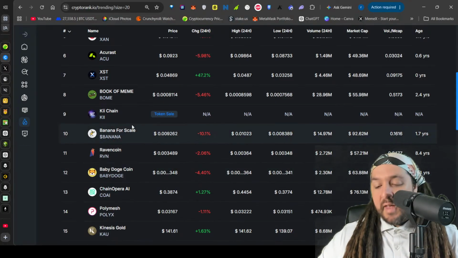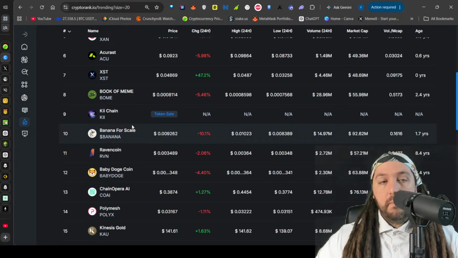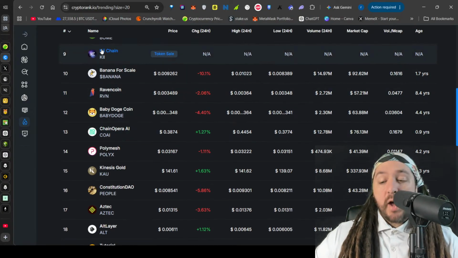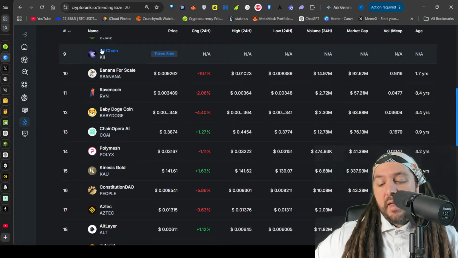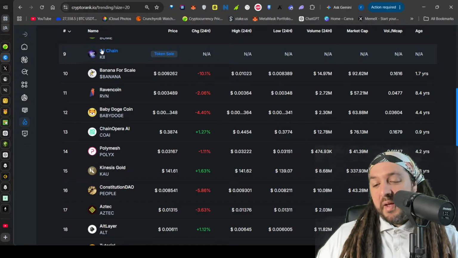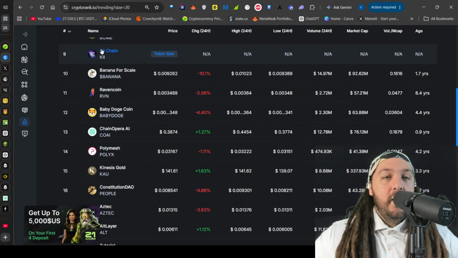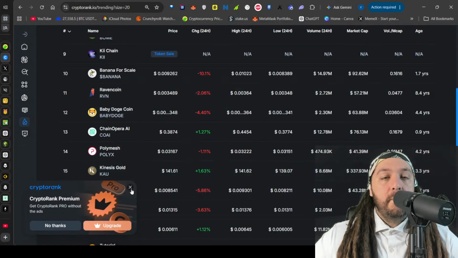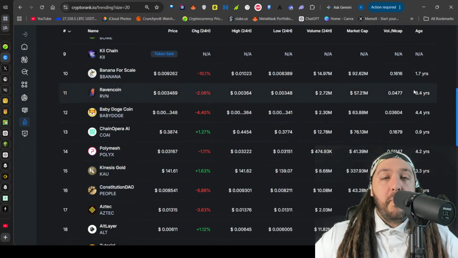So we got XST, Book of Memes, ChainGPT. All right, watch out for ChainGPT. See what happens to its KRC20s. They'll probably be called the same thing because it's ChainGPT. Banana for Scale, Raven coin, popular mining coin there. Been around for a long time, 8.4 years.